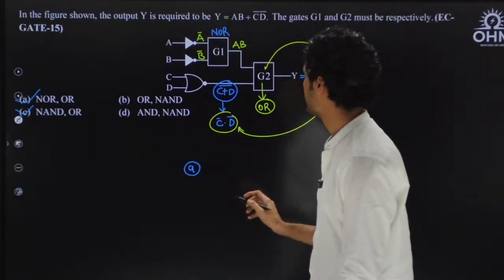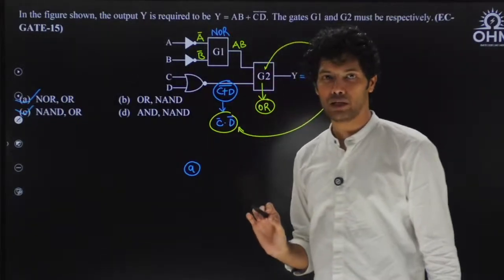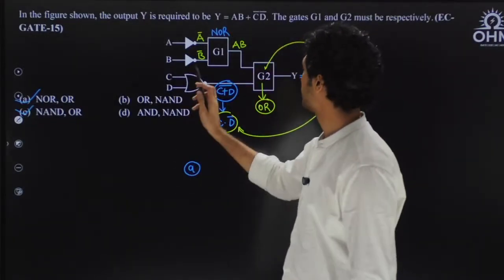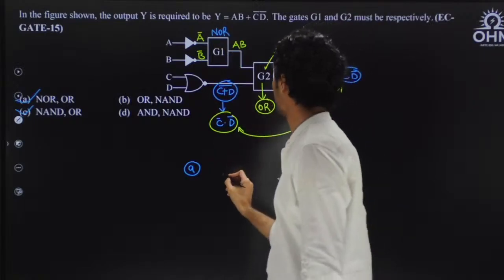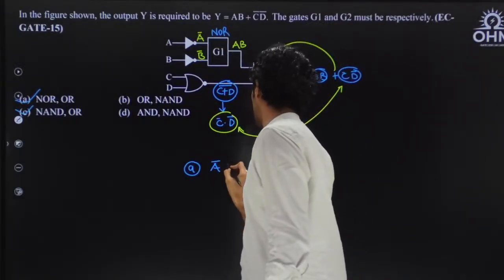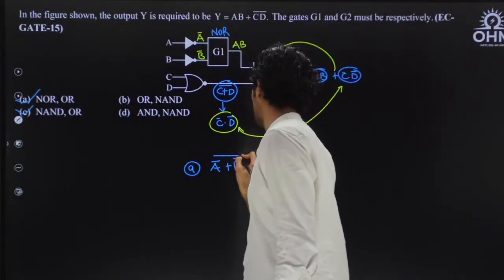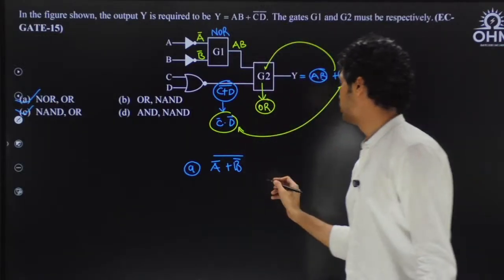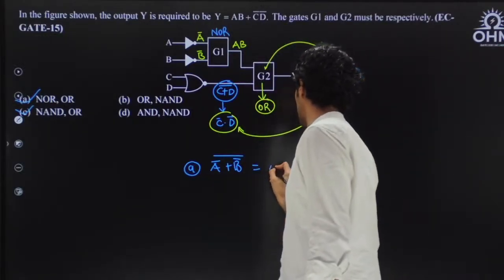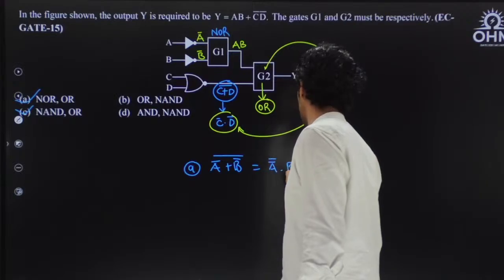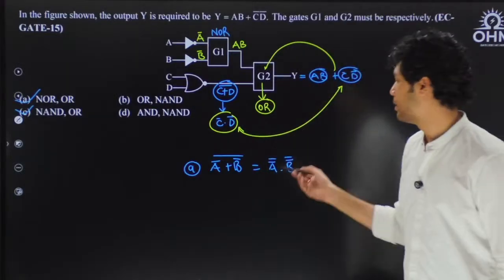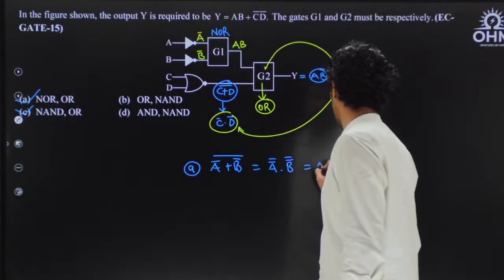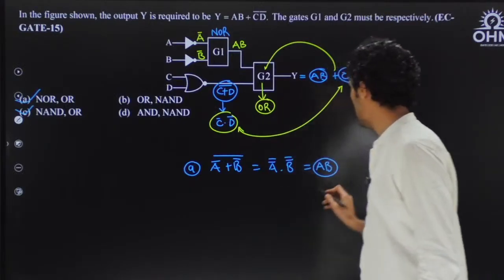So let's verify. I want the output to be AB when the inputs are A bar and B bar. If it is a NOR gate, I have to first add both the inputs and then take the complement. So if I do that, what is the output? I'll apply De Morgan's theorem. I'll get A bar whole bar into B bar whole bar. A bar whole bar is nothing but A, and B bar whole bar is nothing but B, and I got AB.